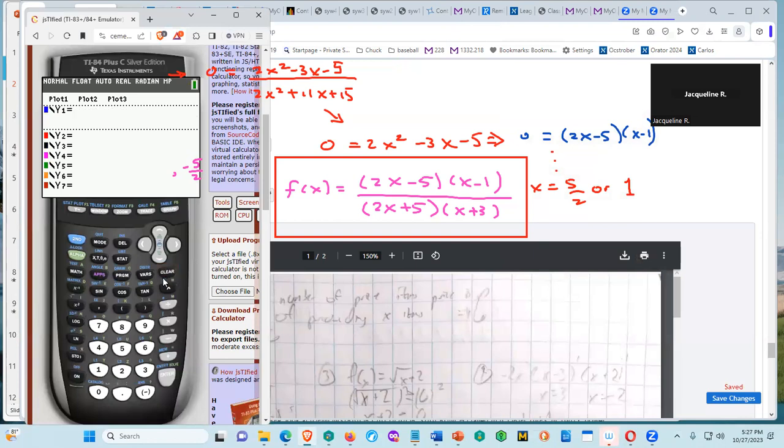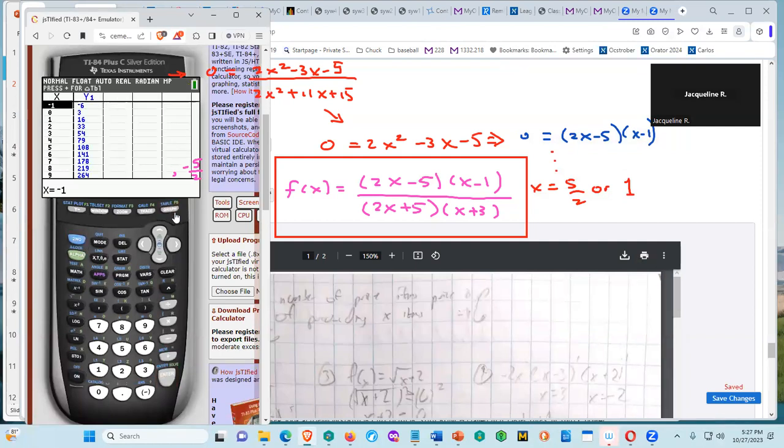And this goes back to pre-COVID, face-to-face experiences. 2x squared plus 11x plus 3. And you go to the table and you get that 0 at 3.